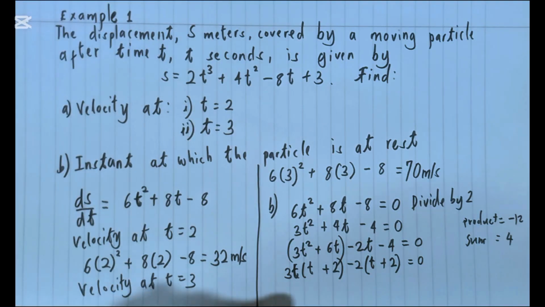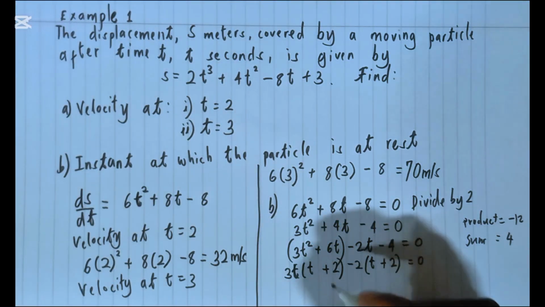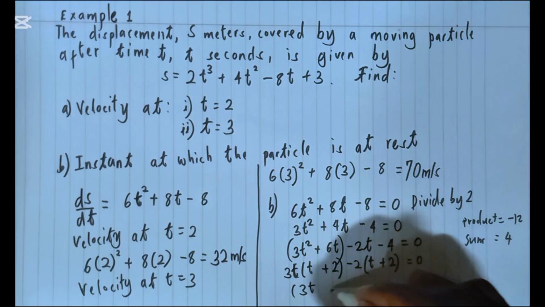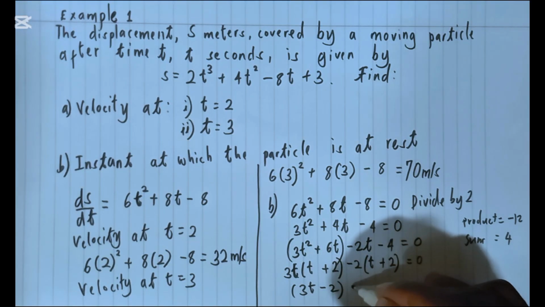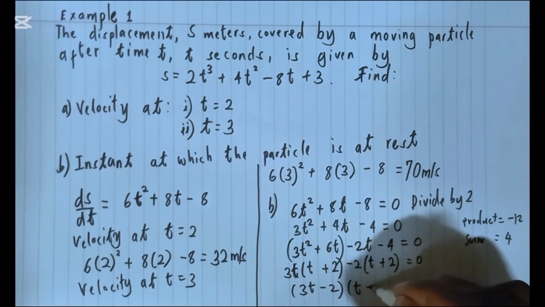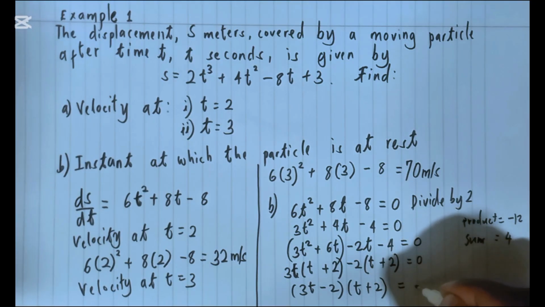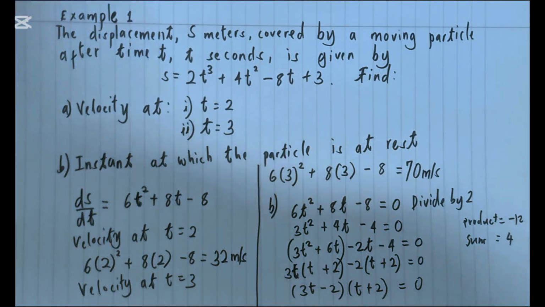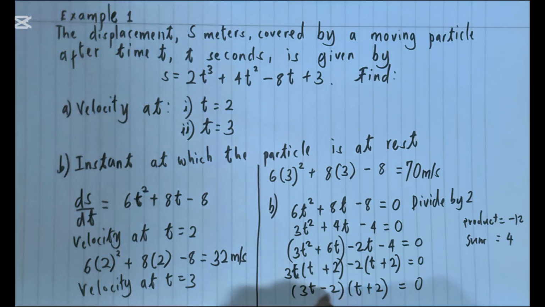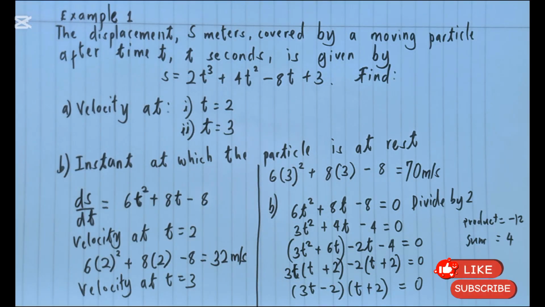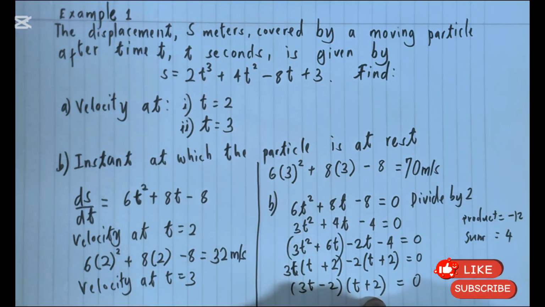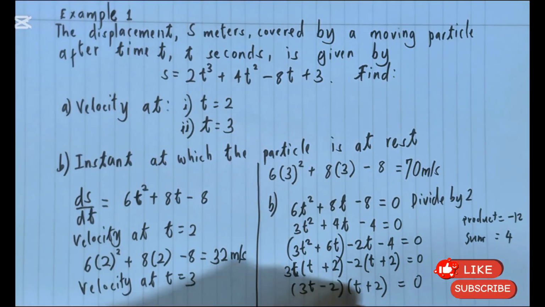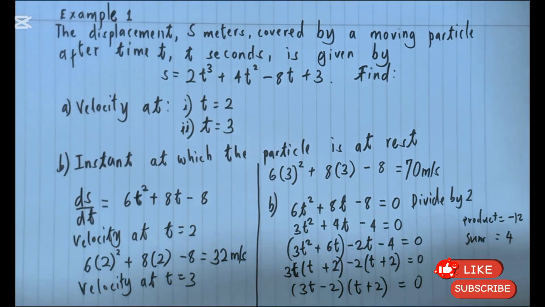So we will have 3t minus 2 and t plus 2 equals 0. And so basically we can find the value of t1 and t2 from this particular problem.